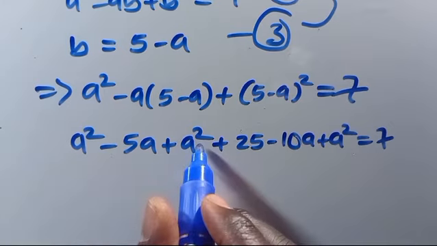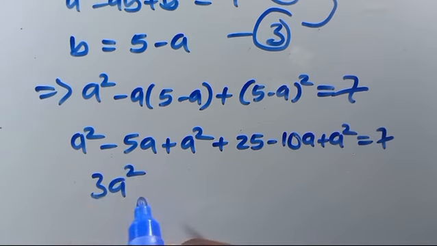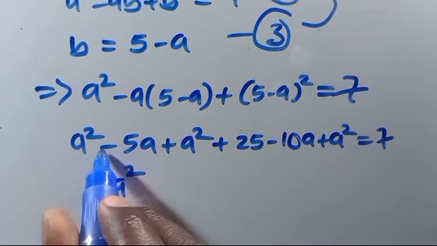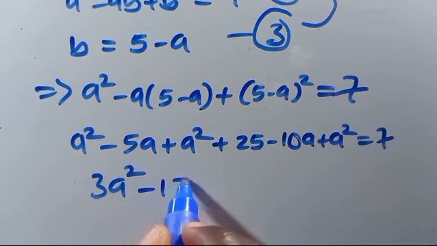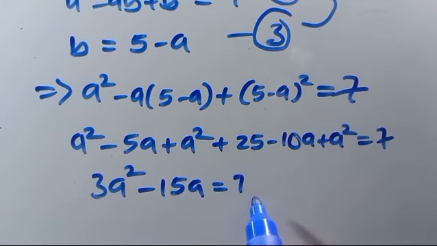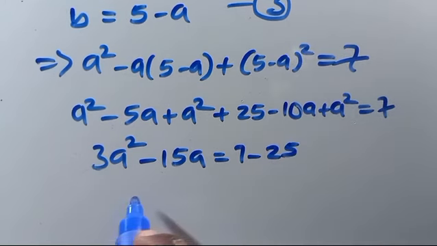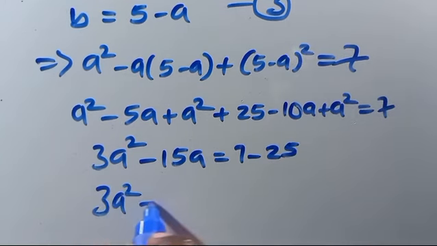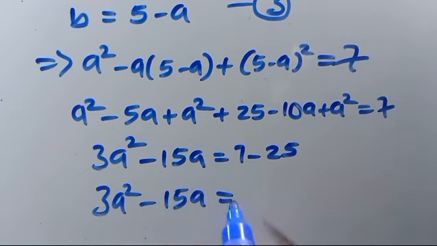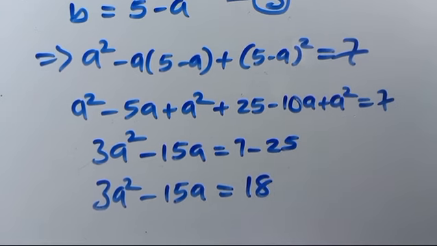This, and this, gives 3a squared. Then we have minus 5a, this will be minus 15a. Then this will be 7 minus 25. So we have 3a squared minus 15a equals 25 minus 7. This will give us 18.